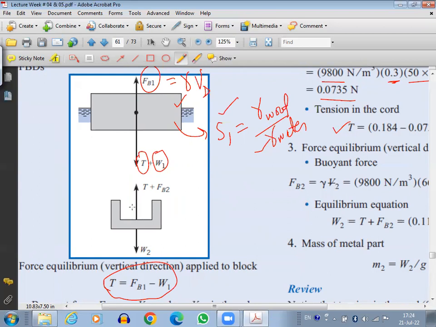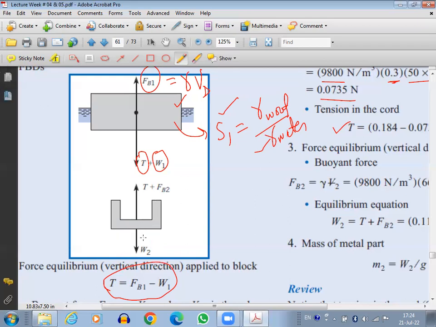It's the same cord, but this cord is pulling the wood down and holding the metallic object up. So in reality, with respect to the metallic object, the cord is actually holding it up. So tension will be acting in the upward direction for the metallic object. So our equation will become T plus FB2 equals W2.